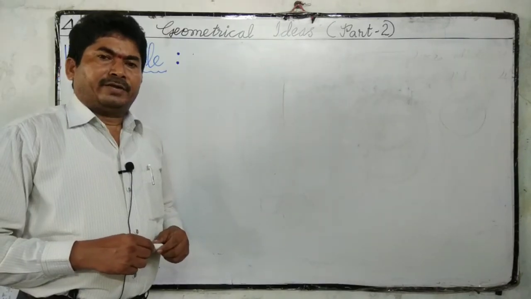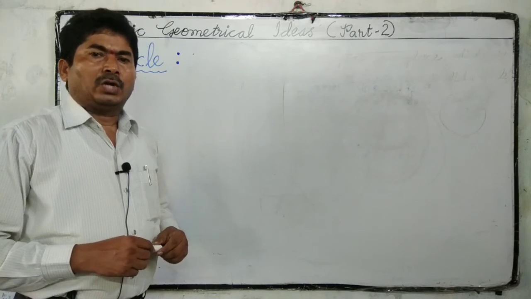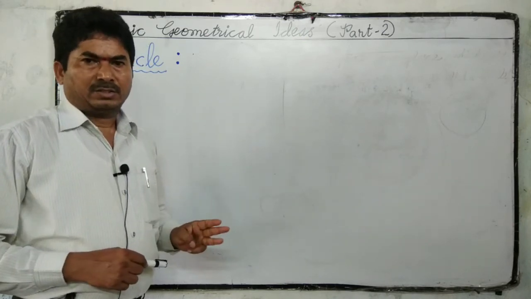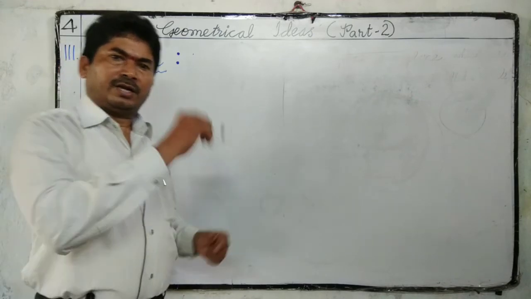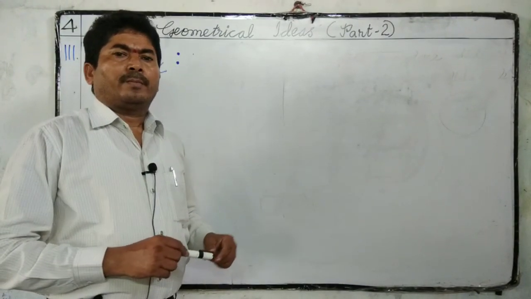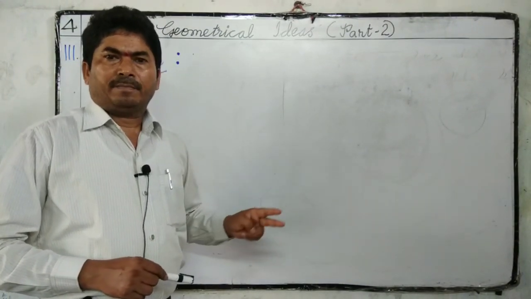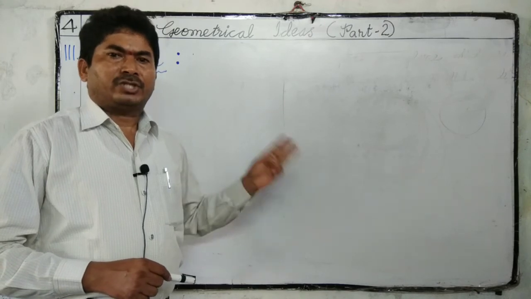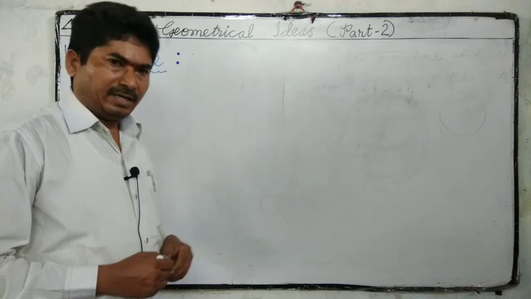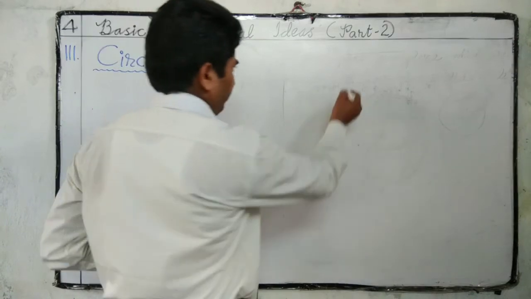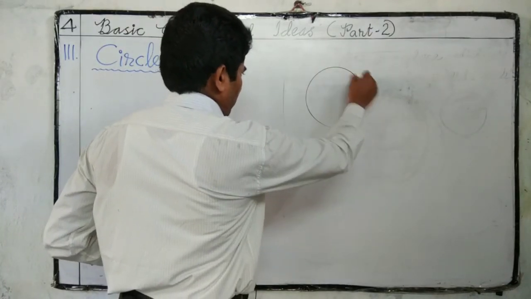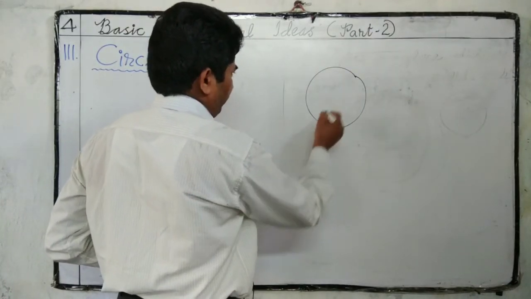A circle divides the plane into 3 parts. They are interior of the circle, boundary of the circle, and exterior of the circle. Let us see in a figure. This is a circle.